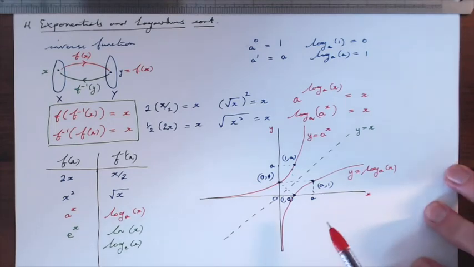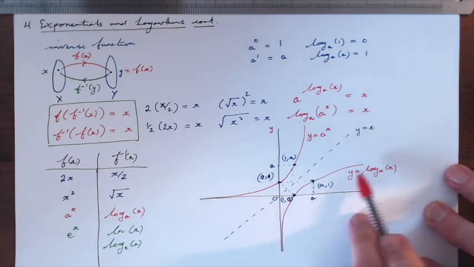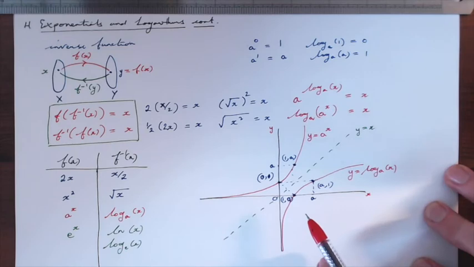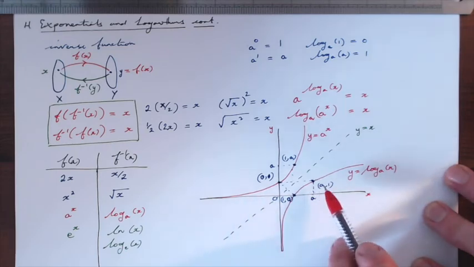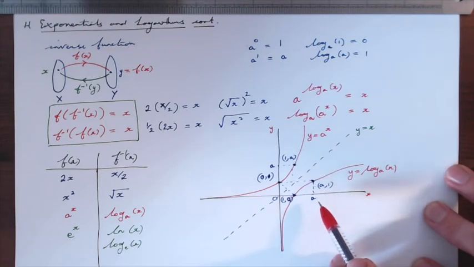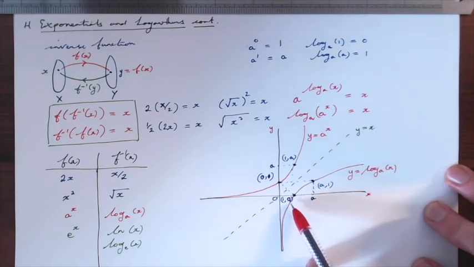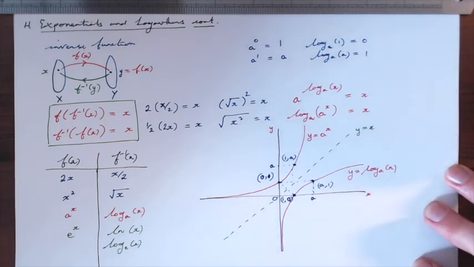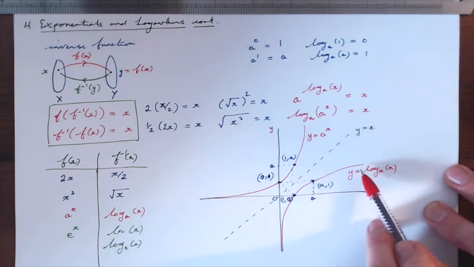The really important thing to always remember about the logarithm function is that it has the value 0 when its argument is 1, and it has the value 1 when its argument is the base of the logarithm. It's always negative when the argument is less than 1, and it increases extremely slowly.